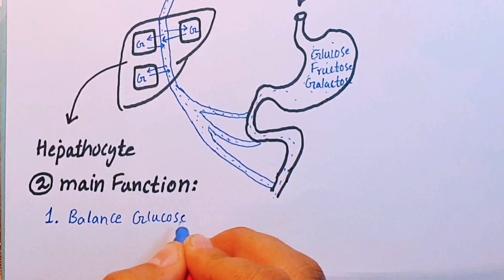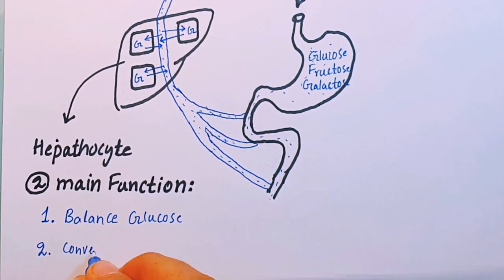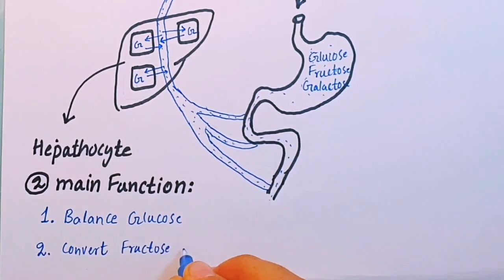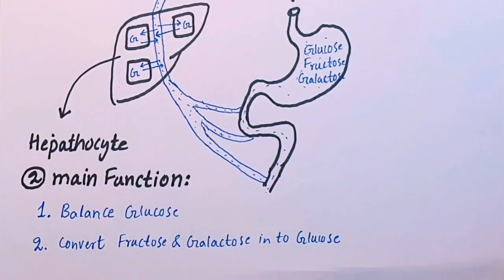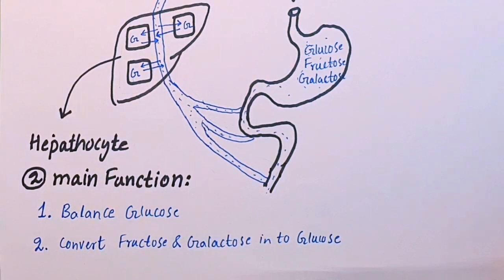Hepatocytes function as a balancer for glucose and take much glucose inside and prevent an increased amount of glucose in the circulation. And the other function of the hepatocytes is to convert fructose, galactose, and other monosaccharides into glucose in order to be usable in the body.